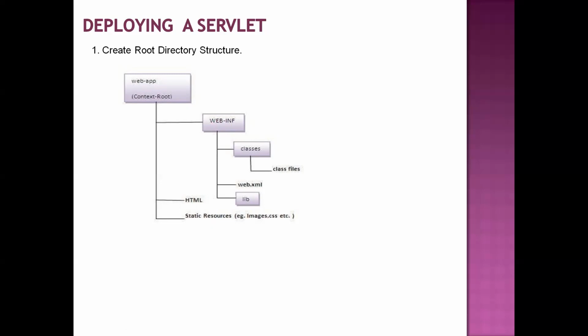That is why, instead of giving your servlet directly, we compile the servlet program, copy the .class file into the classes folder, and then give this entire directory structure to the server. From the .class file, it will extract the data and process it.